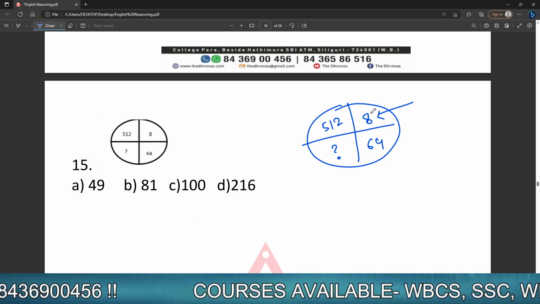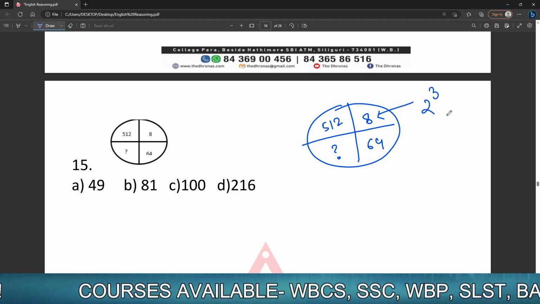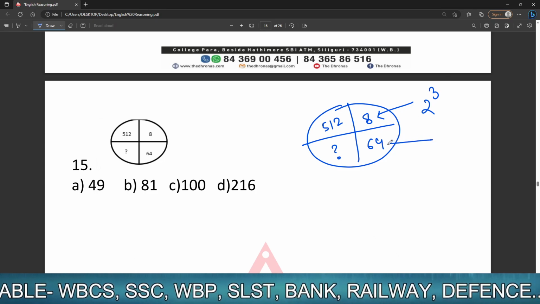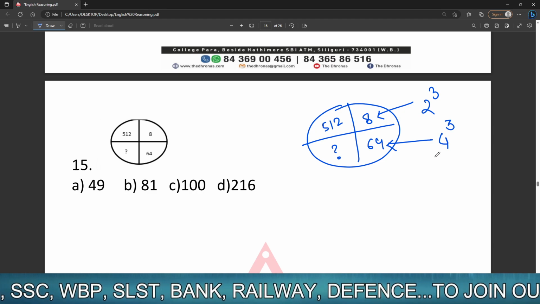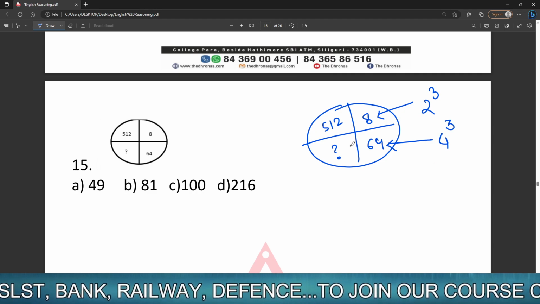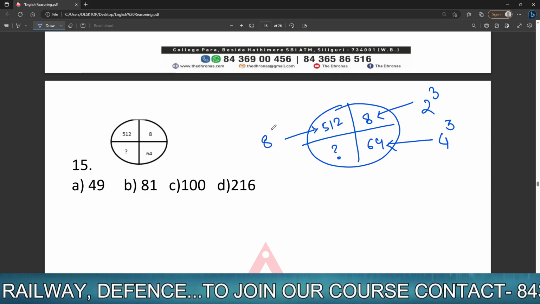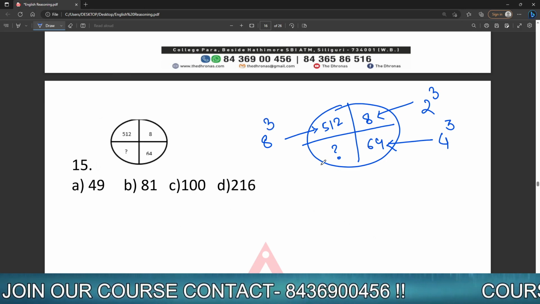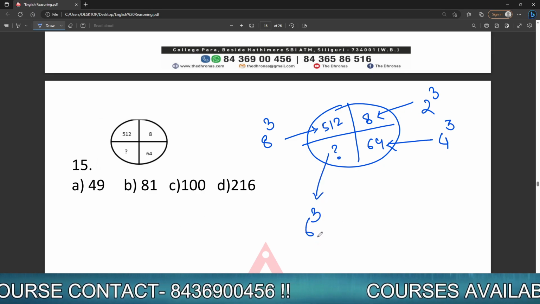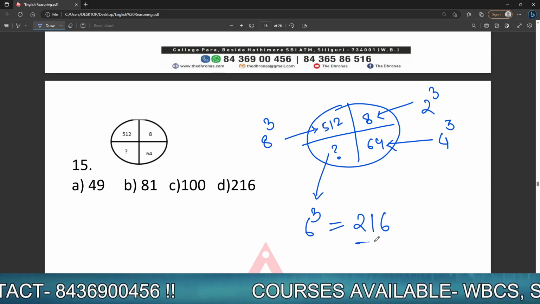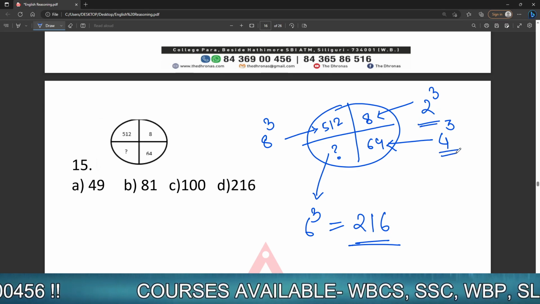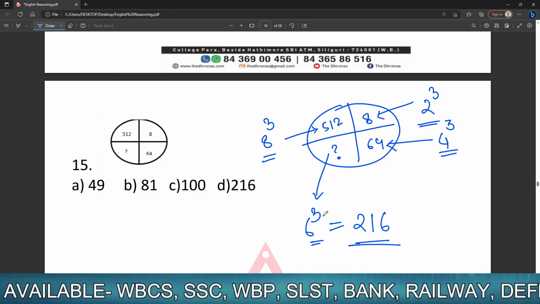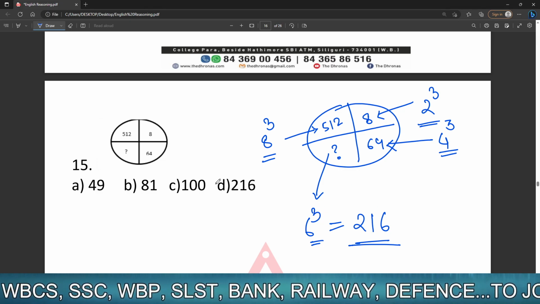Yes, that is also possible, but 8 comes from 2 cube, 64 comes from 4 cube, 512 comes from 8 cube. So 2, 4, then here should be 6 cube, that is 216. 2, 4, 6, 8 and all the numbers are cubed. So the answer is 216.